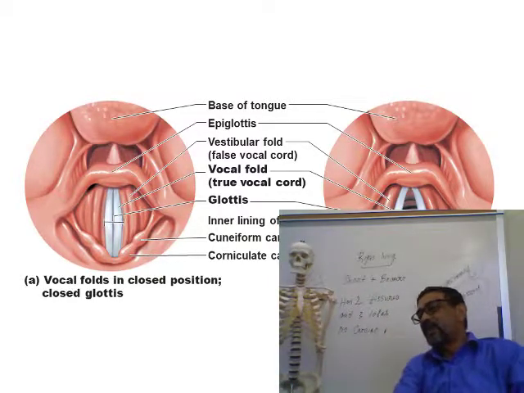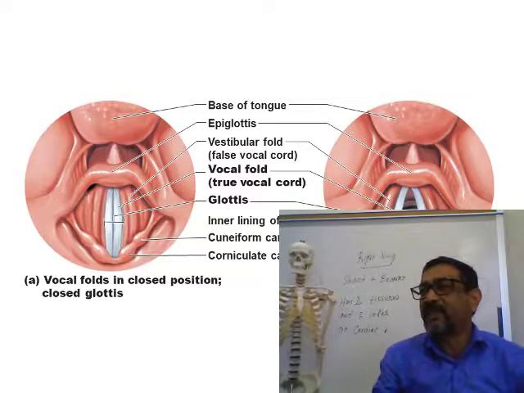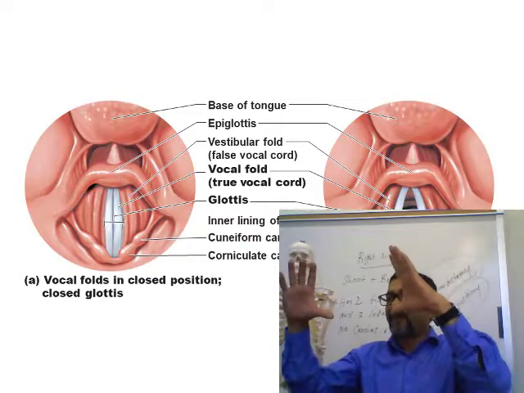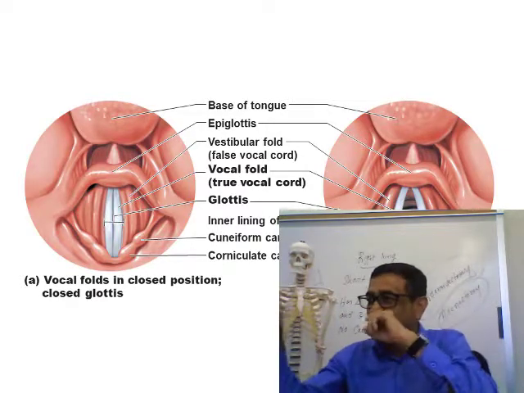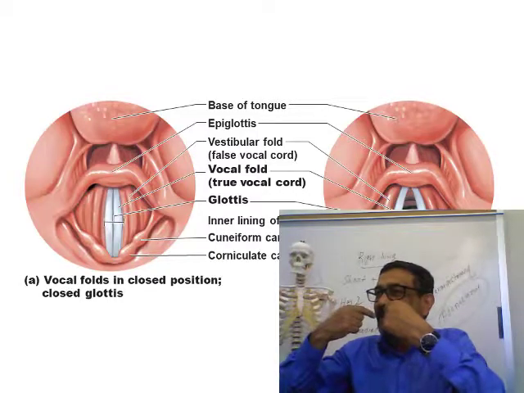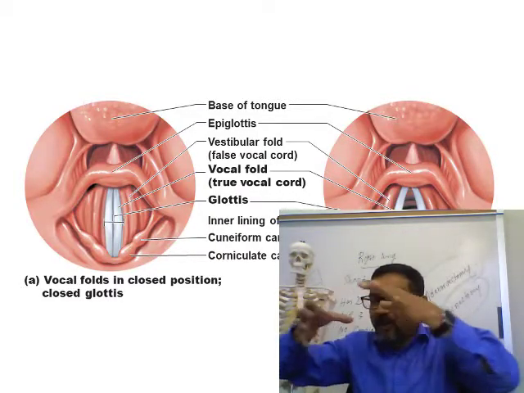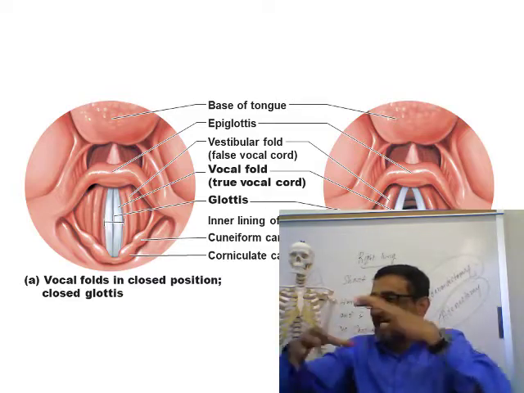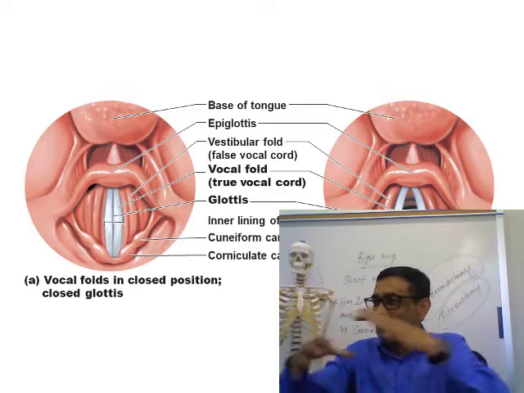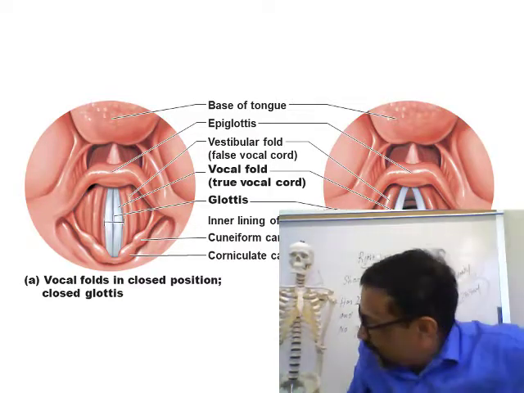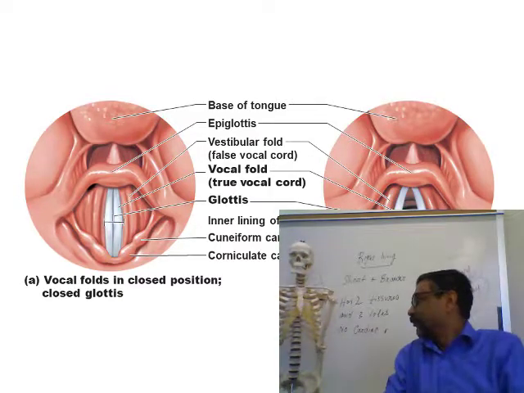The size of the glottis changes when we produce sound. If you go to YouTube, you can see how the size of the glottis changes when someone is speaking very fast. So the frequency of sound is also changed.